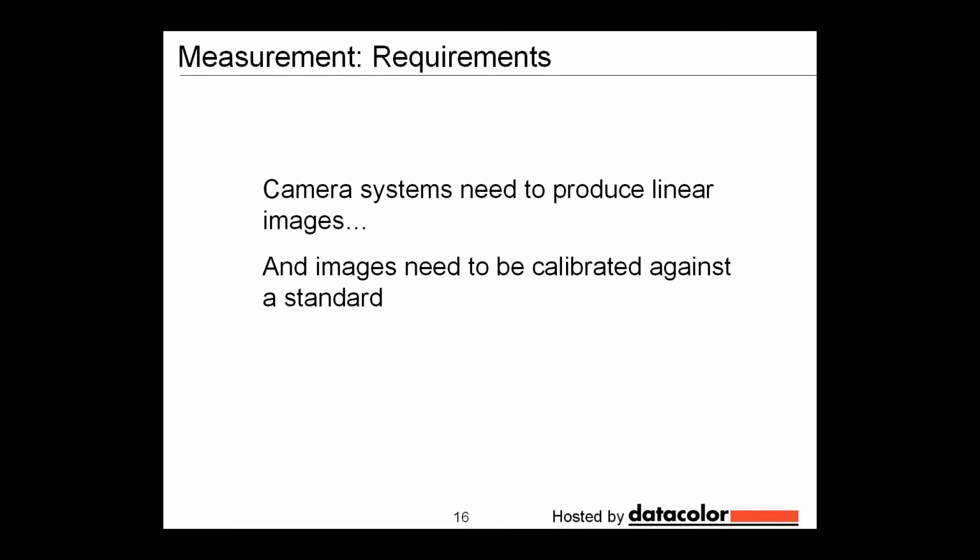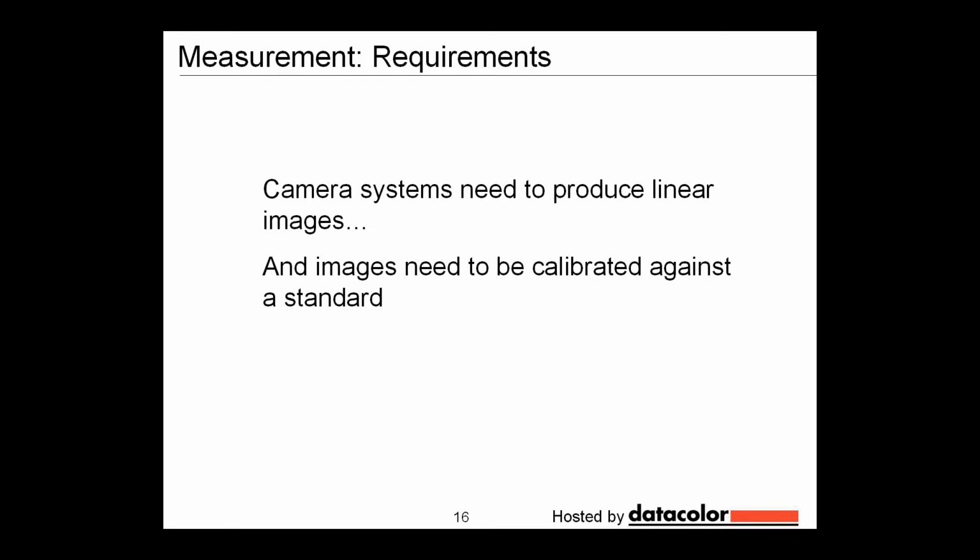So the requirement, if you're going to do some kind of optical intensity or density measurement, is that your camera systems need to produce a linear image, and in addition, images need to be calibrated against some sort of standard.